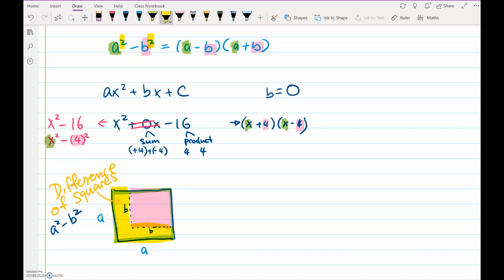Well, if we were to rearrange our blocks, I'm going to take a part of this, and what we get is a length of a. So this length right here, a.